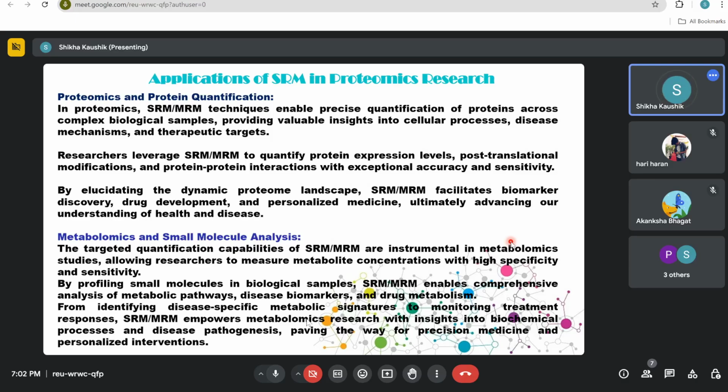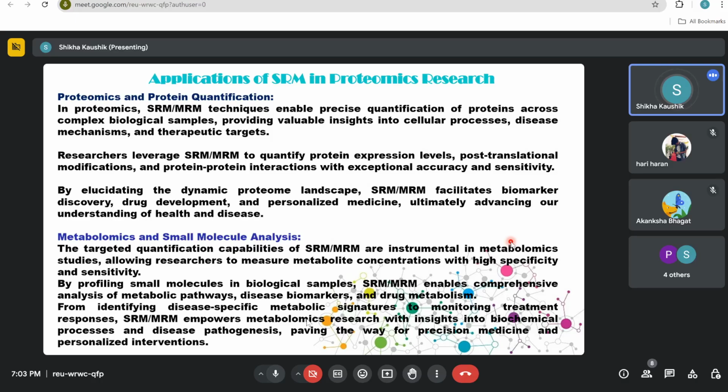Sorry for this. So by elucidating the dynamic proteomic landscape, SRM, MRM facilitate biomarker discovery, drug development, and personalized medicine, ultimately advancing our understanding of heart disease. So these are the applications. Because through SRM you are reading a particular protein, which could be a biomarker, which could be a drug target, and changes are happening inside the protein. That's why you can take that protein for personalized medicine.